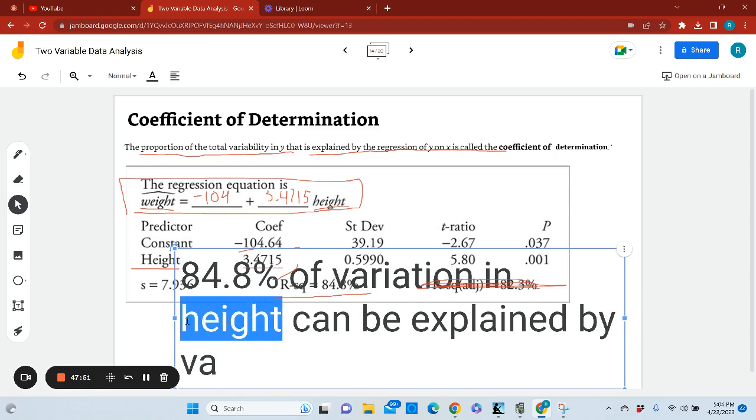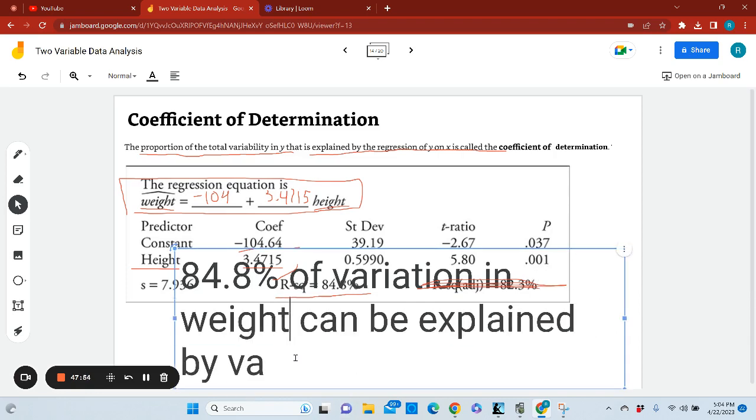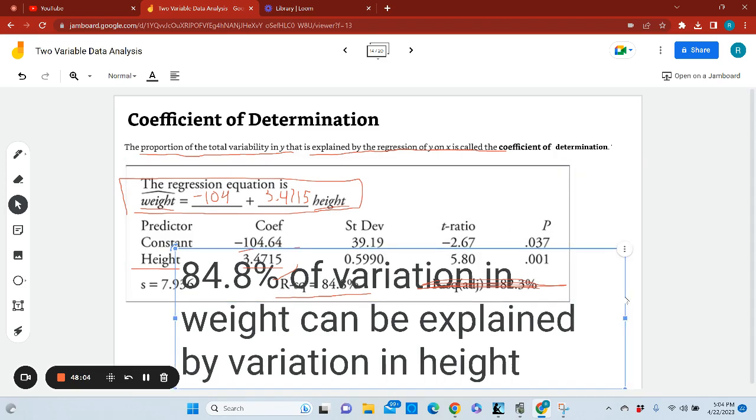I have it backwards. I should have put weight here. 84.8% of the variation in weight can be explained by variation in height. That's what R squared tells you.